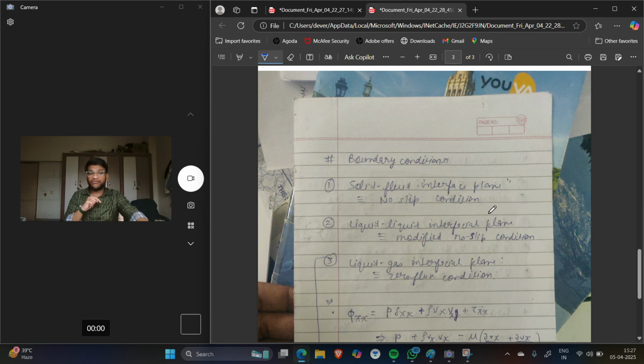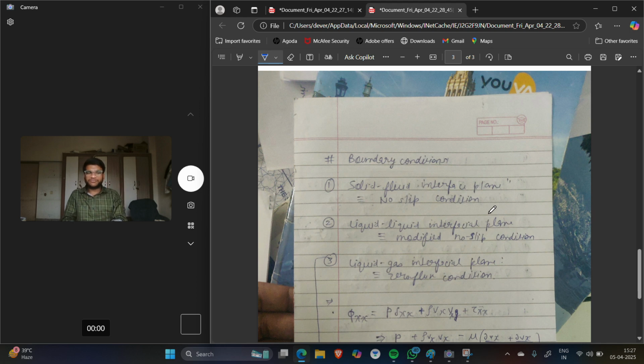Then the liquid interfacial plane, or modified no slip condition. Suppose there is a slit, and in the bottom part water is flowing, and in the upper part oil is flowing.